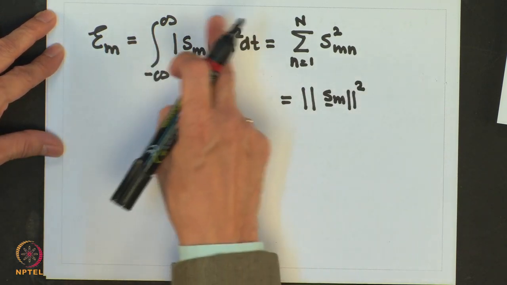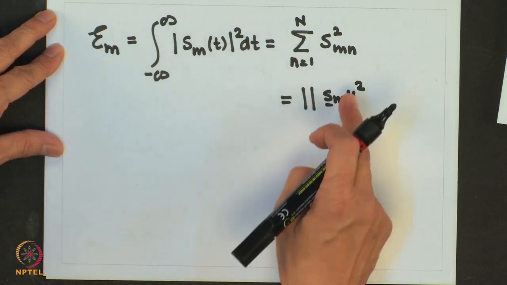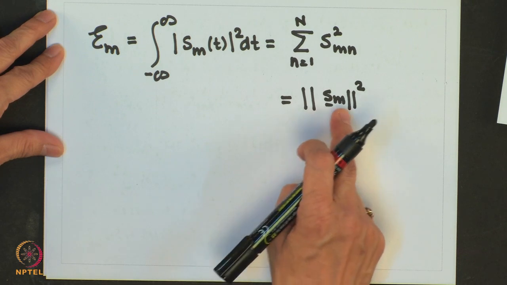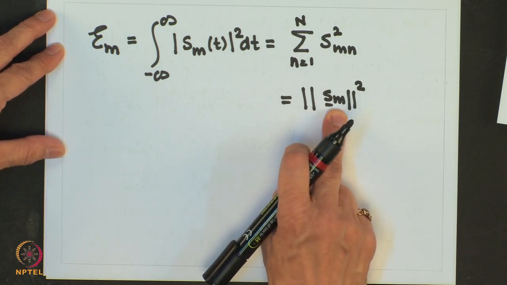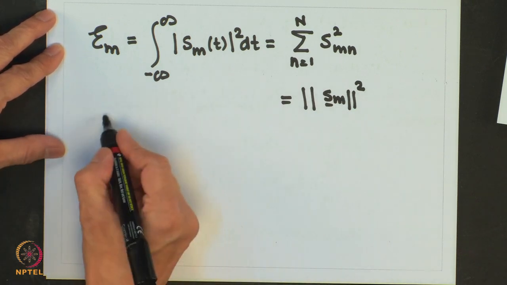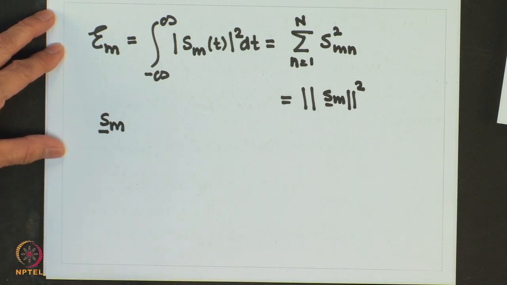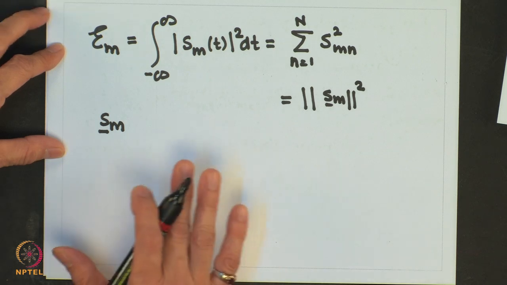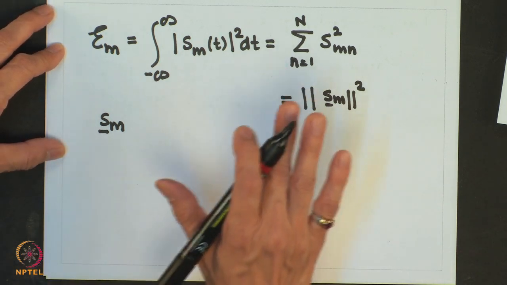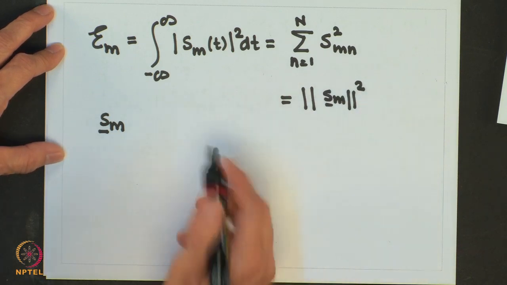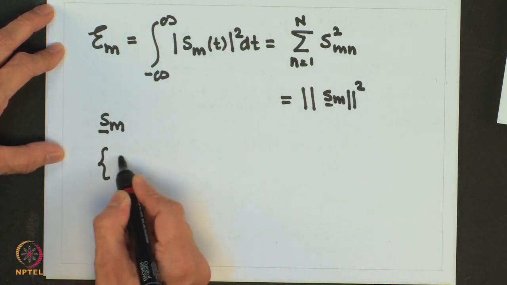So, the energy of the mth signal is simply the square of the length of the vector, or equivalently the square of the Euclidean distance from the origin to the point s_m in the n dimensional space.